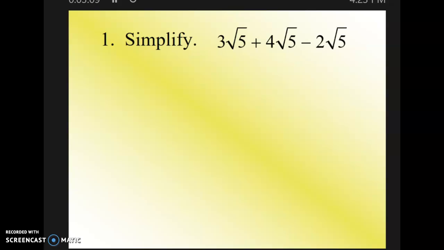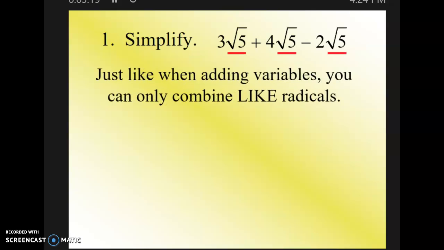All right, so if we're going to simplify 3 square root 5 plus 4 square root 5 minus 2 square root 5, just like adding variables, we can only combine like terms, so we're only going to combine like radicals. What makes this a like radical is what's under the radical sign.